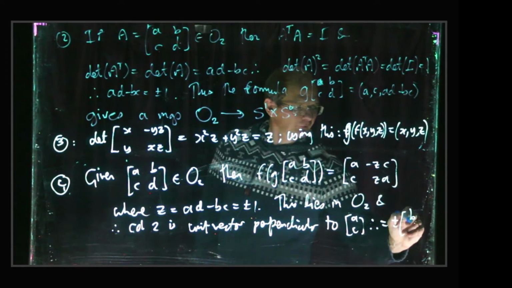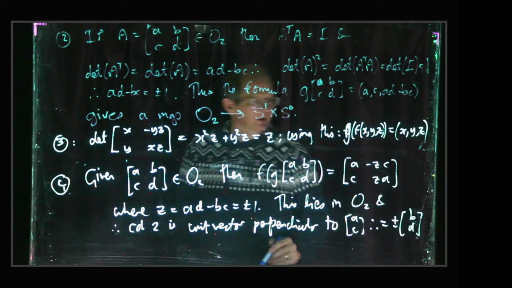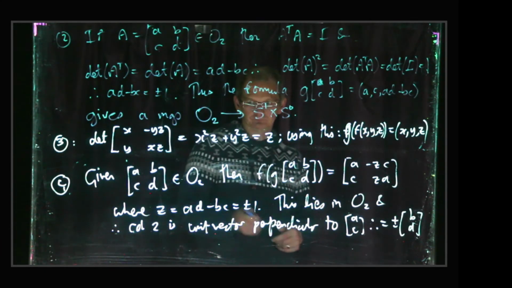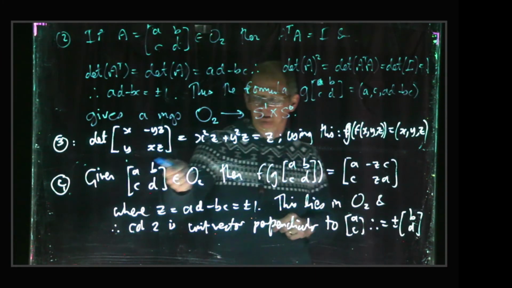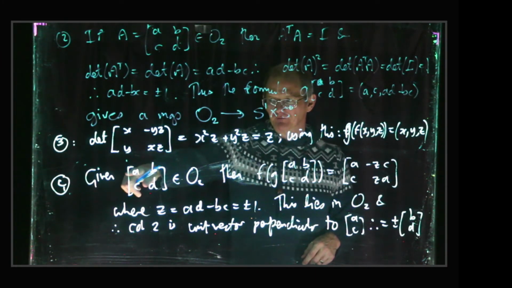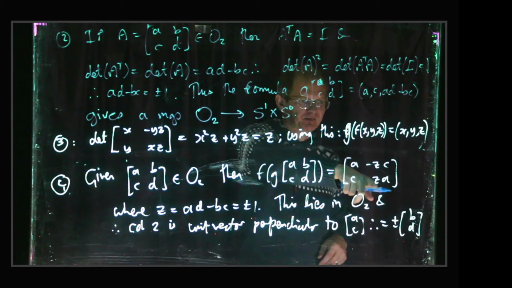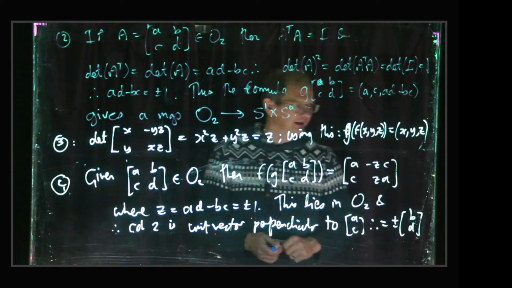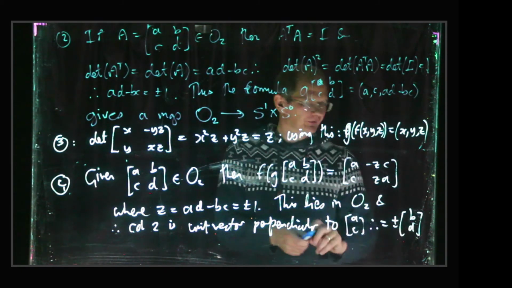And therefore it's got to be equal to plus or minus BD. You know that BD from the original matrix has got to be a unit vector that's perpendicular to AC, and this thing here is also a unit vector that's perpendicular to AC, and there are only two possibilities.